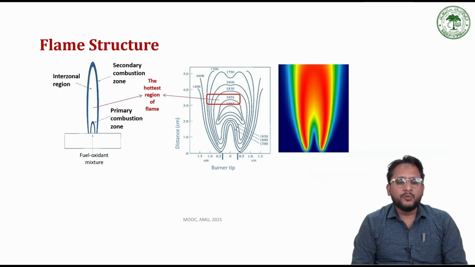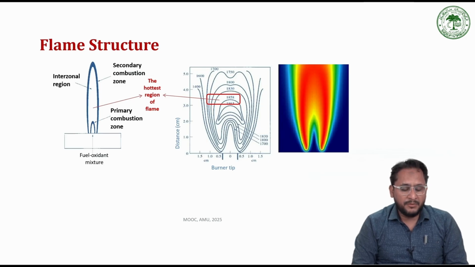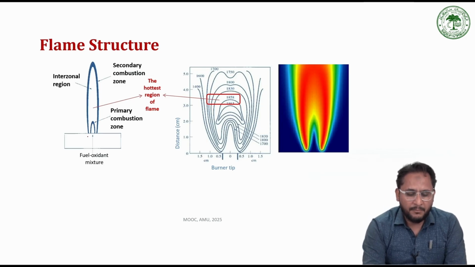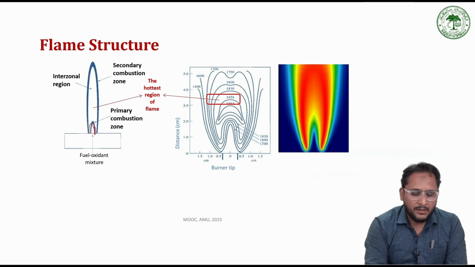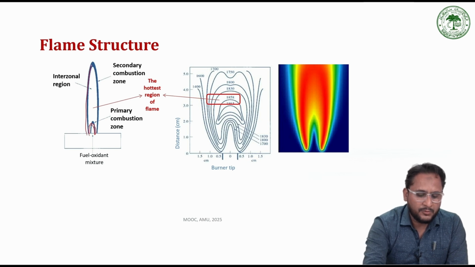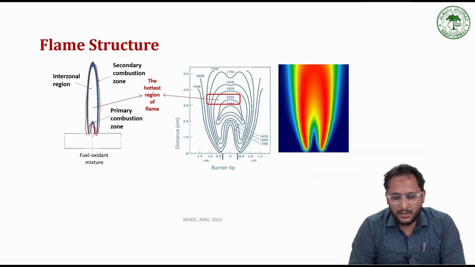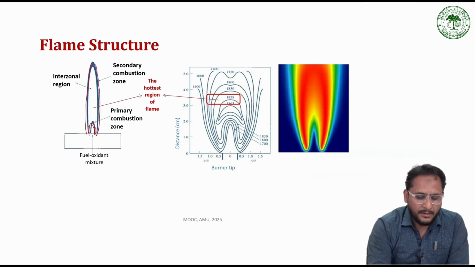Again, this figure shows the structure of the flame. As I said before, we may have a primary combustion zone, and then we have an outer zone which is called the secondary combustion zone. Although the temperature is high, if we compare the temperature of the primary zone with the internal zone or with the secondary zone, the temperature is a little bit lower here.